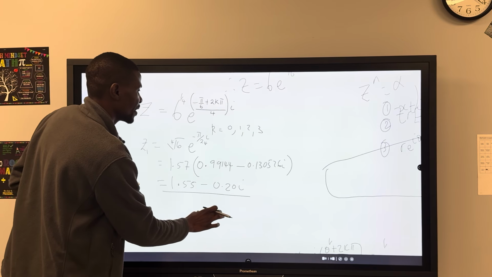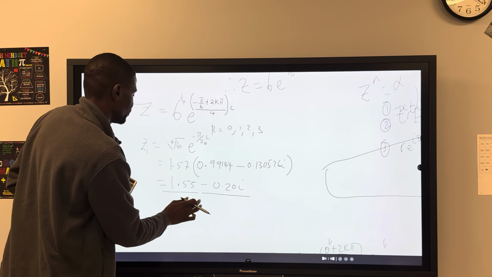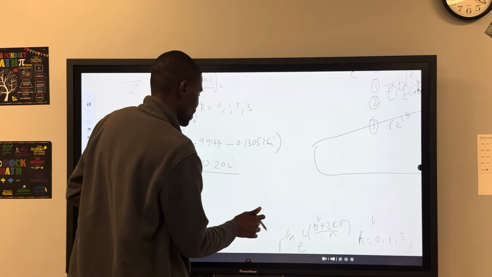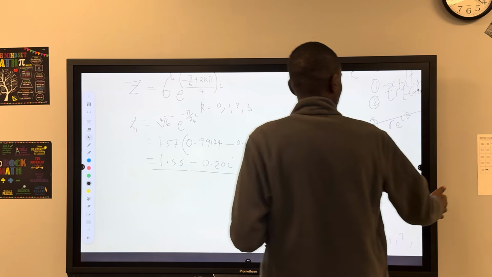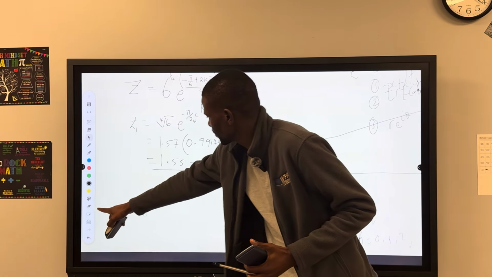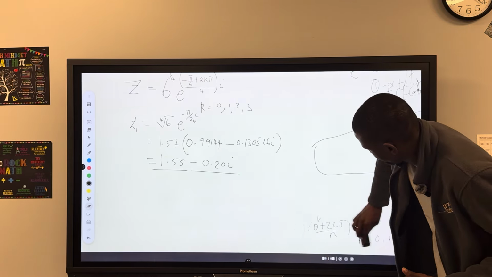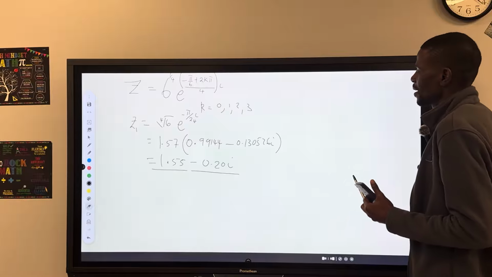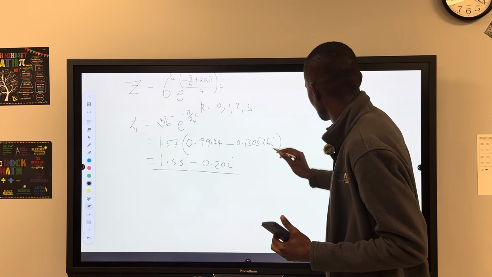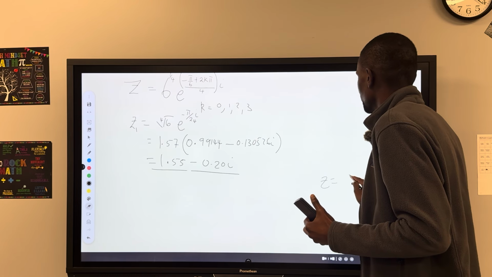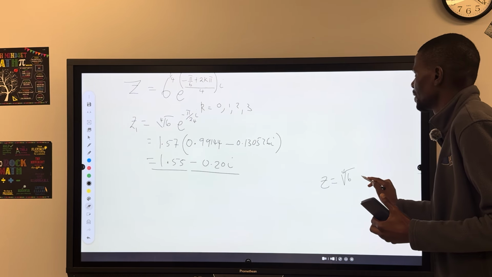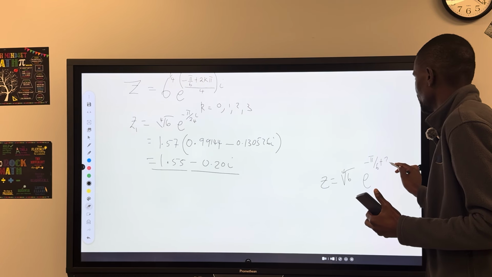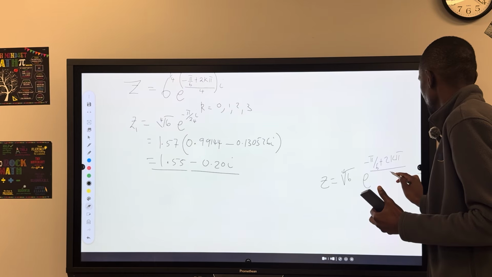Now let me go ahead and find the second root. So to find the second root, I need this down here. Z is equal to 4th root of 6 e to the negative pi over 6 plus 2k pi all over 4.